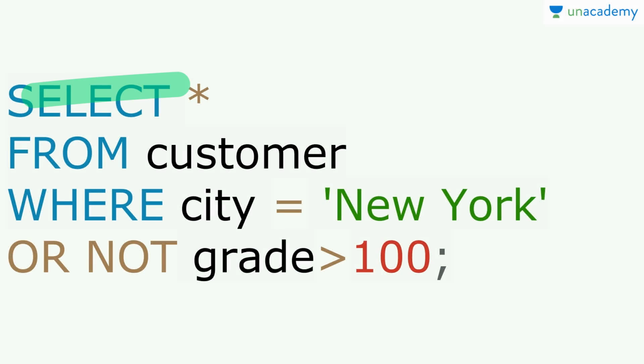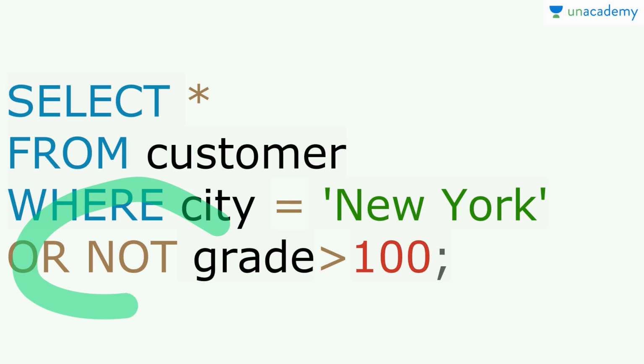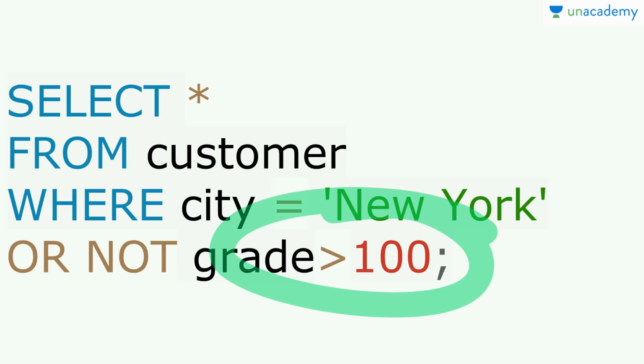So select asterisk from customer where city is New York or not, because we have to negate. That means we have to do the negative of this. Grade should be less than 100. So here we are applying or not grade is greater than 100.